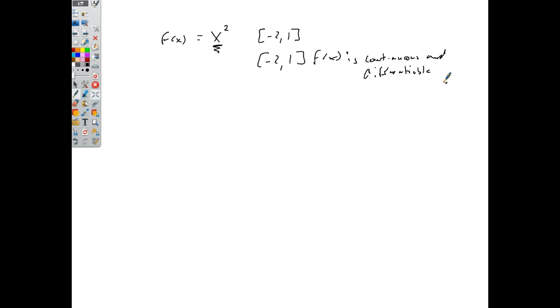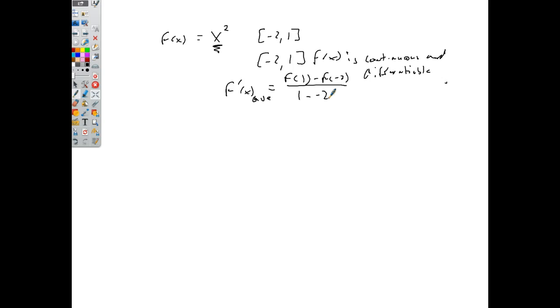What does it tell us? It tells us the average slope must exist somewhere between these 2 points. So the average slope would be, you remember how to find the average slope? The average derivative is equal to the final point, f at 1, minus f at -2, all divided by 1 minus -2.